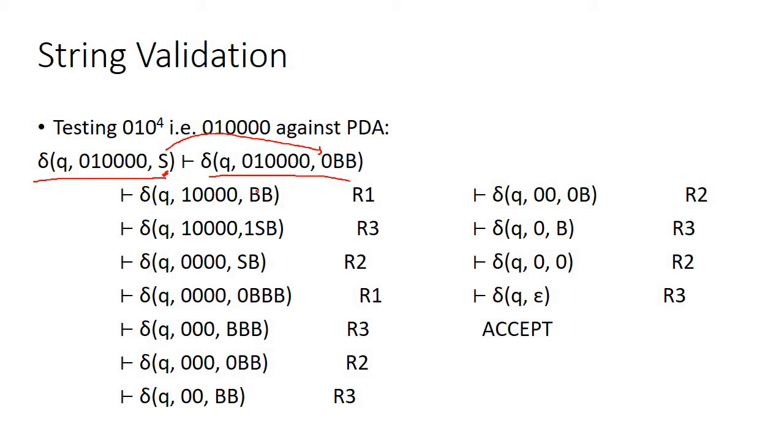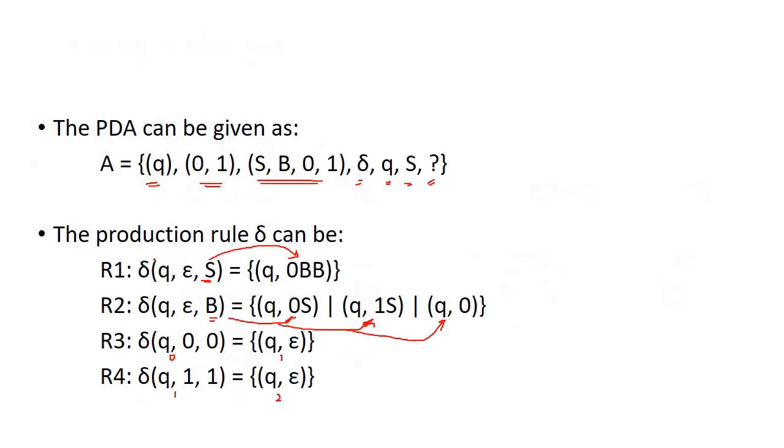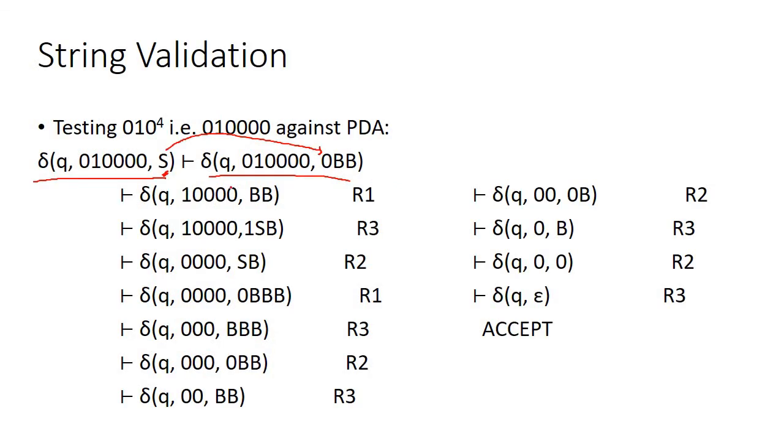How can we deal with this B? If we are having B, we can have these three possibilities, either 0S or 1S or 0. We need to choose 1S because we are having input 1, so this B is going to be replaced by 1S. Now 1 is on the top, so we are popping out this 1.